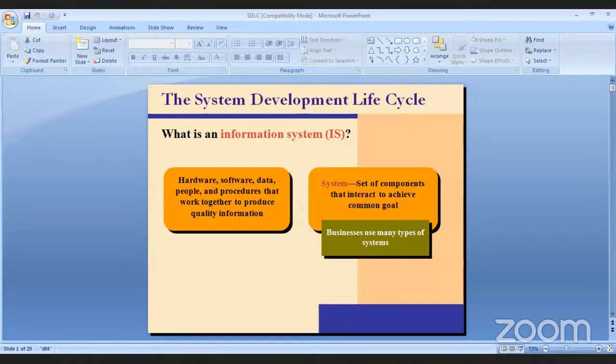Just. This is my first slide. Is it visible? Yes, sir. Okay, just hold on. Anyone can respond. This is my first slide. I think it is visible.